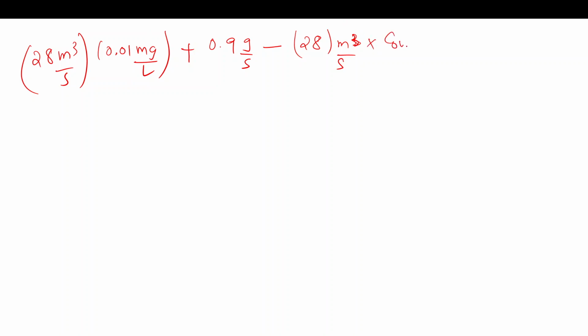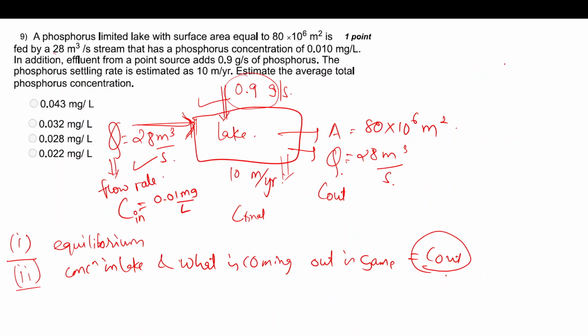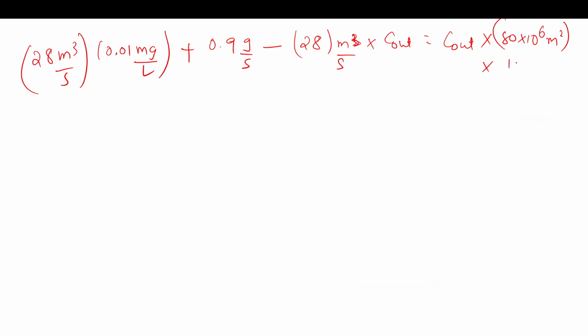C out we do not know, we need to calculate that, and it is equal to C out into area, given as 80 into 10 to the power 6 meter square, into settling rate, which is given as 10 meter per year.